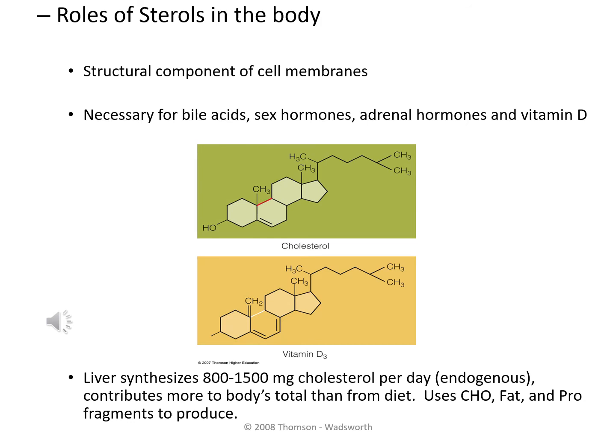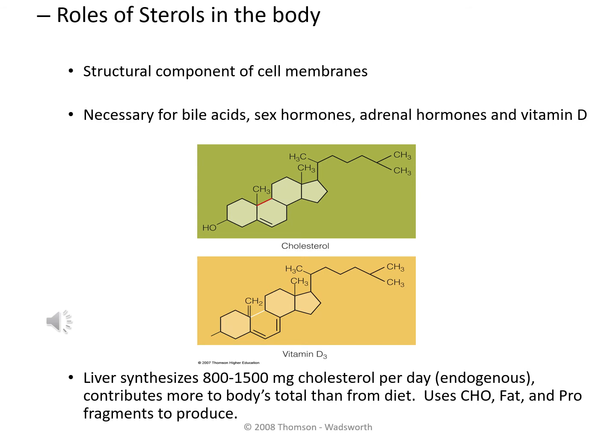Many important body compounds are derived from sterols. These include bile acids, the sex hormones such as testosterone and estrogen, adrenal hormones such as cortisol or aldosterone, as well as vitamin D. In fact, vitamin D, for it to be synthesized within the body, comes from cholesterol.